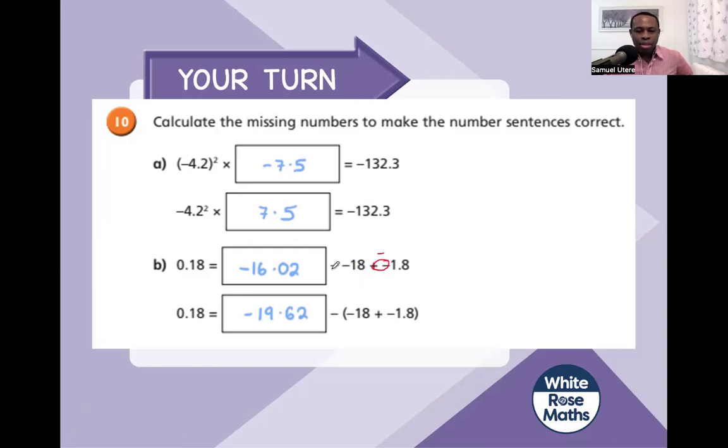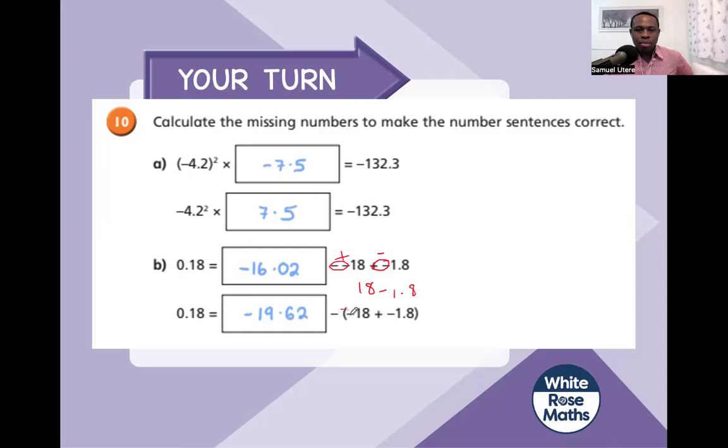Okay, that's another negative. These two will become positive. So that is 18 subtract 1.8. And then whatever you have, that result, you divide that by 0.18, and that will give you this result.